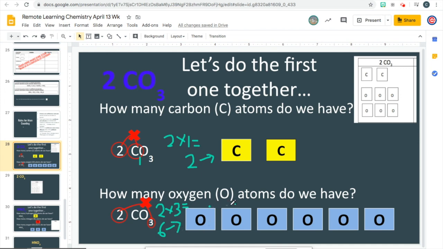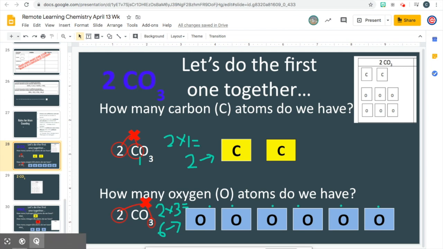So here we have 1, 2, 3, 4, 5, 6. All right, so that is why I wrote down 6 oxygen down here. All right, if you need to go back and see how I did that, please rewind the video, pause, whatever it is that you need to make sure that you are getting this. I'm gonna do one more example with you guys, and then you guys will be doing the rest yourself.